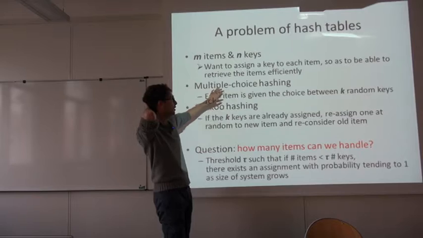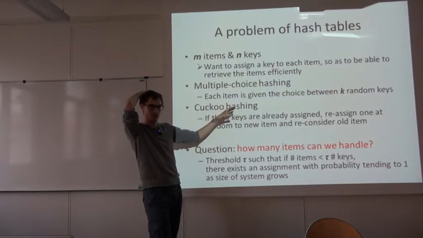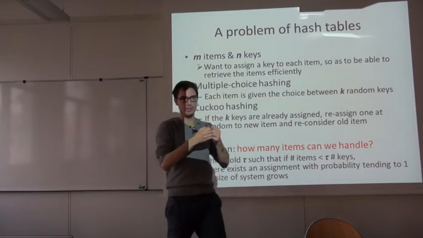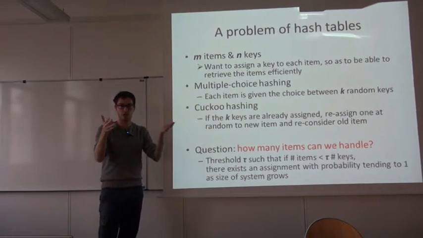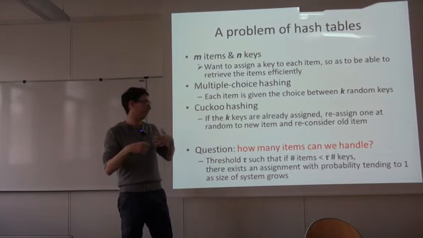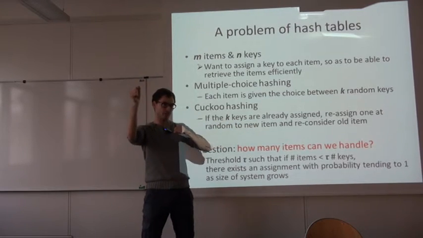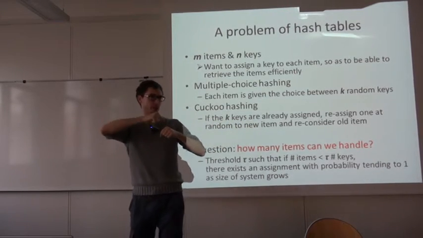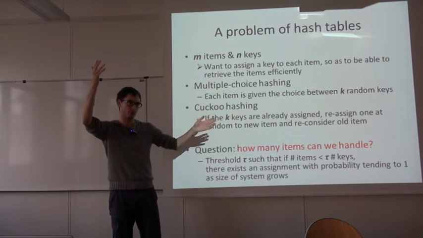And there's a particular way to implement this family of techniques, which is called cuckoo hashing, where basically when an item arrives, you check if the keys that are allowed for this item are free. If one is free, you just assign it. And if all of them are already assigned, you kick the item that was assigned to that key, you reassign the key, and you reconsider the item that you kicked out.